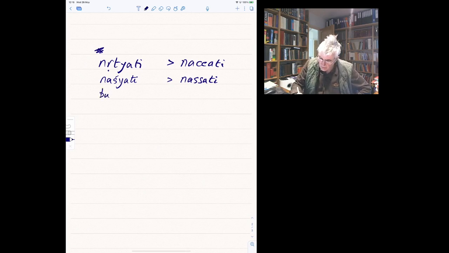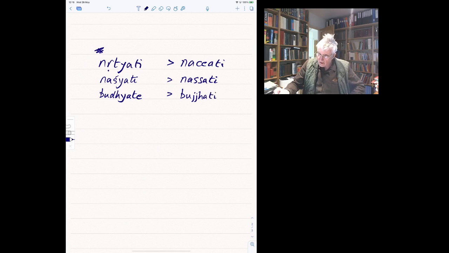We haven't quite got to it yet, but I'll show you to illustrate this point. In Sanskrit, budhyate, in Pali, to wake up, becomes bujjhati. Again, that explains, from the root budh, bodhi, buddha, how we suddenly have a double j here. It's because budhyate becomes bujjhati in Pali.